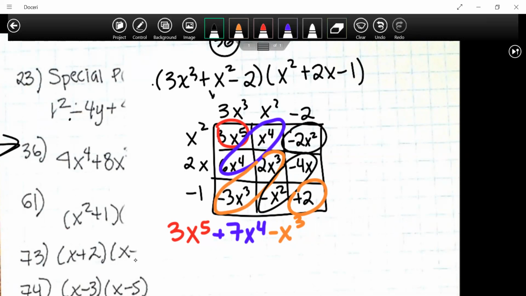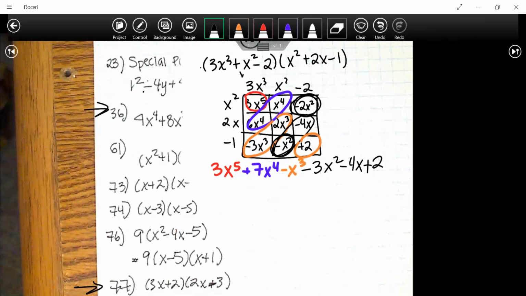So let's do this. Let's do these two, right? This one and this one's going to give me minus 3x squared. And then minus 4x plus 2. Yeah? Thank you. So I did these like in the morning when I woke up. Okay. Thank you. Copy that down for me so I can write it later. Okay. So that one's that one.